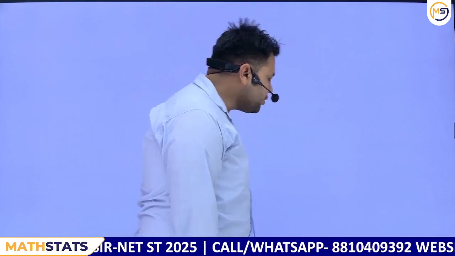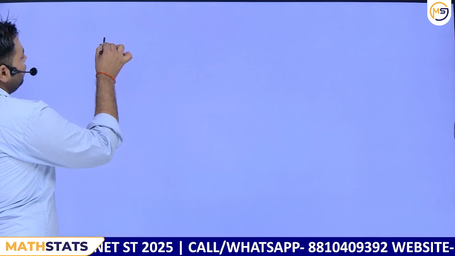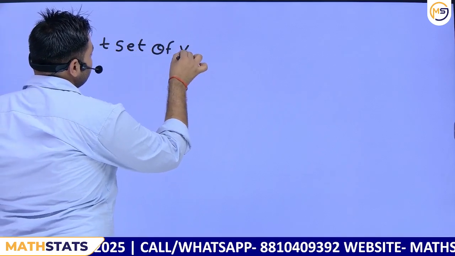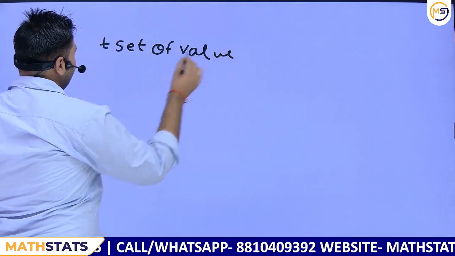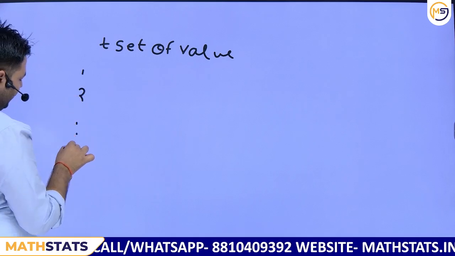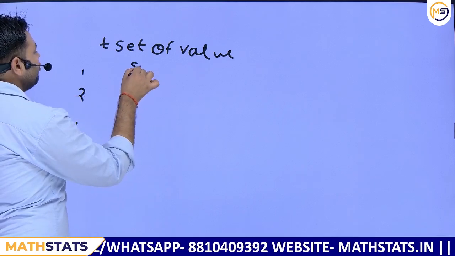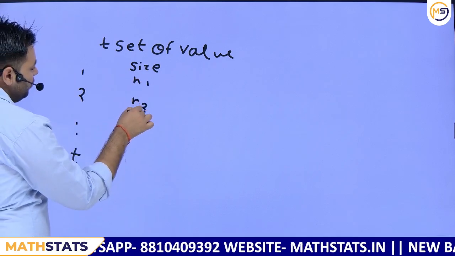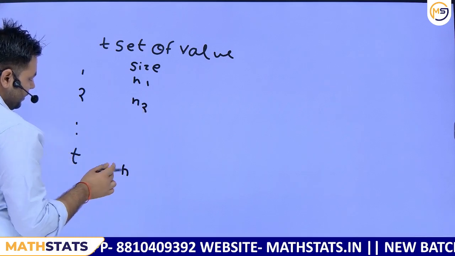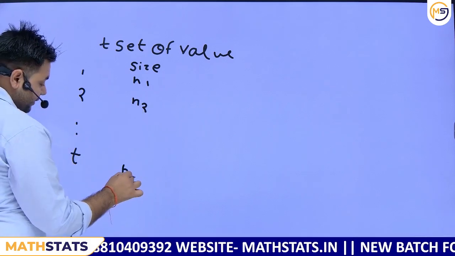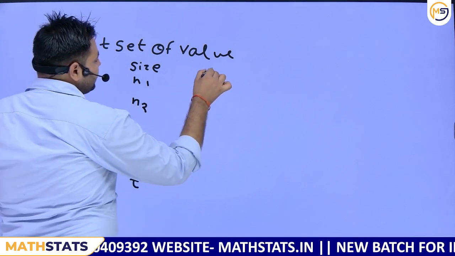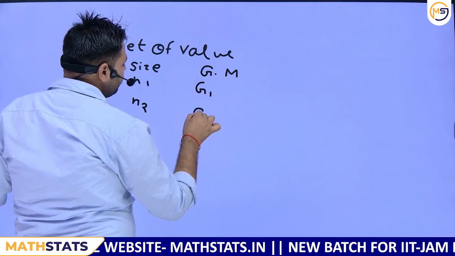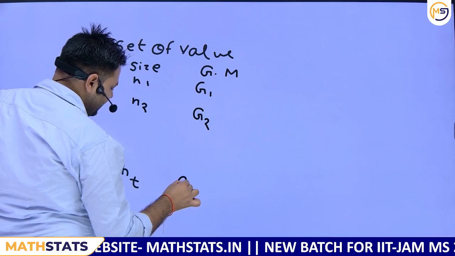Now suppose we have t sets of values, with serial numbers 1, 2, up to t. The size of the first is n1, the second is n2, the third is n3, and the size of the last is nt, and the respective geometric means are g1, g2, and so on up to gt.